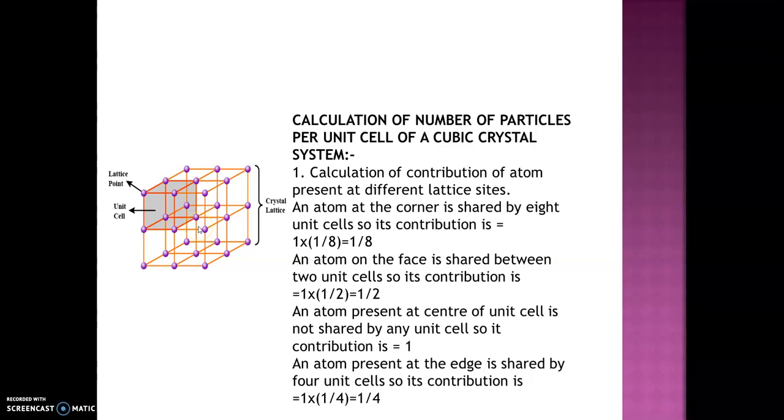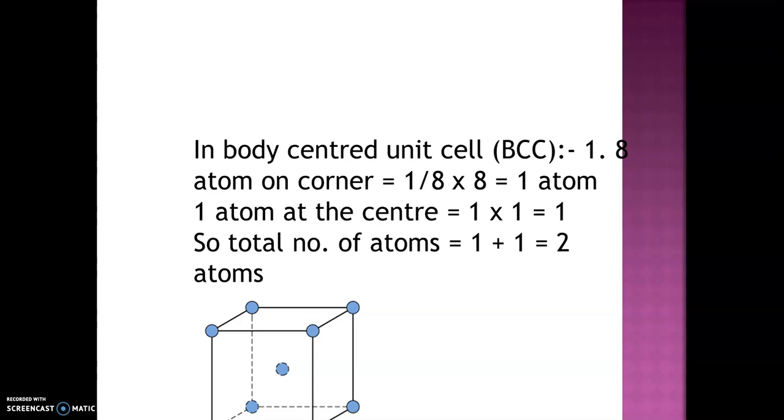If it is at the center, it won't share with anything, so its contribution is 1. If it is on an edge, it is shared with 4 unit cells, so its contribution is 1 by 4.